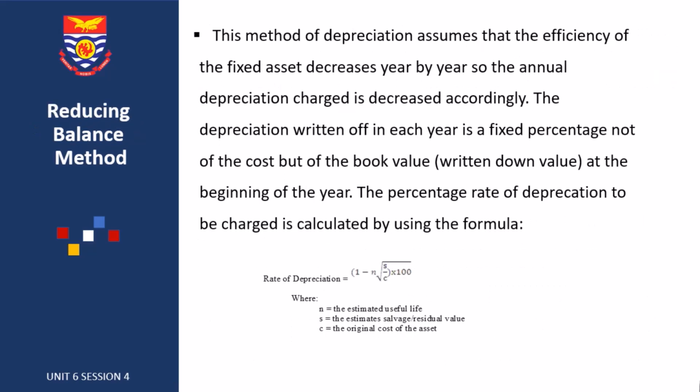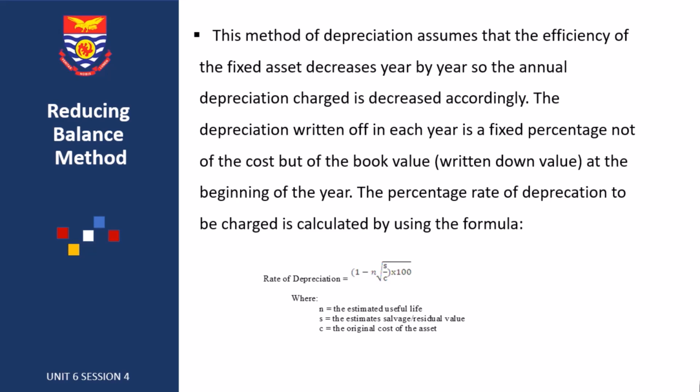The reducing balance method. This method of depreciation assumes that the efficiency of the non-current asset decreases year by year, so the annual depreciation charge is decreased accordingly. The depreciation written off in each year is a fixed percentage, not of the cost, but of the book value, the written down value at the beginning of the year.